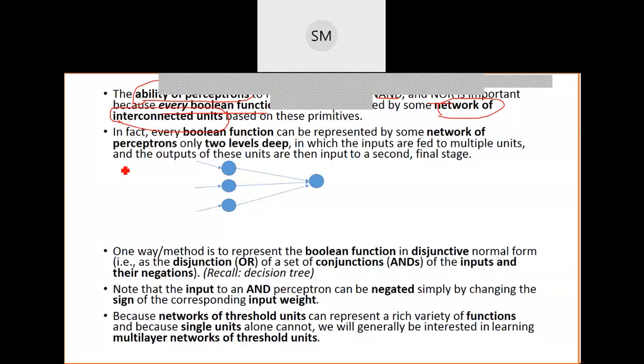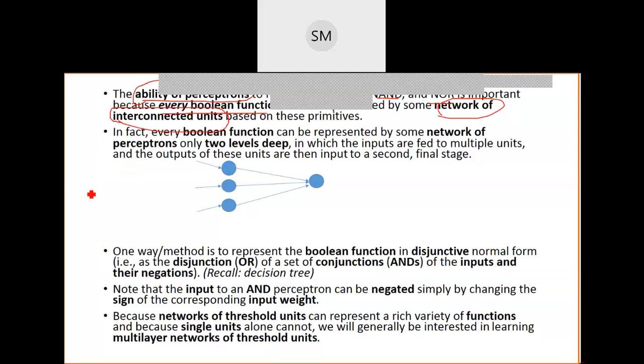In the other direction, Boolean functions can be represented as artificial neural networks, as a perceptron, as a network of interconnected units. A network of interconnected units is nothing but an artificial neural network, or a perceptron. So the ability of the perceptron to represent these Boolean functions is very, very important.